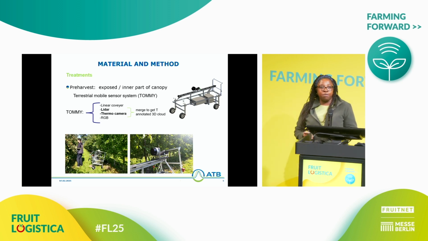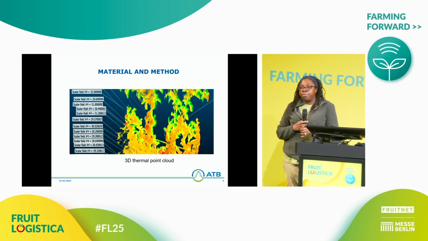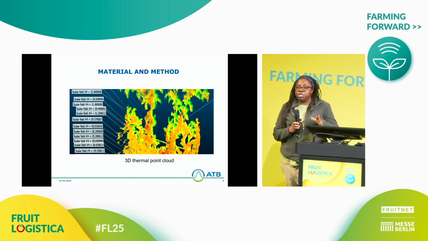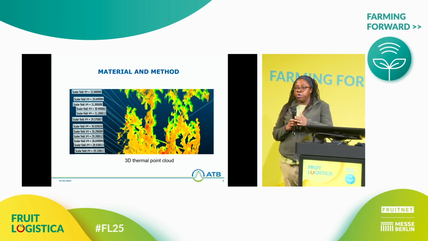I think our previous speaker spoke extensively about point cloud and so on, so I will not say much about that. So basically, this is an example of point cloud that has been extracted from the TOMI. So it's based on this temperature that we're able to differentiate which fruit is exposed and which fruit is shaded.